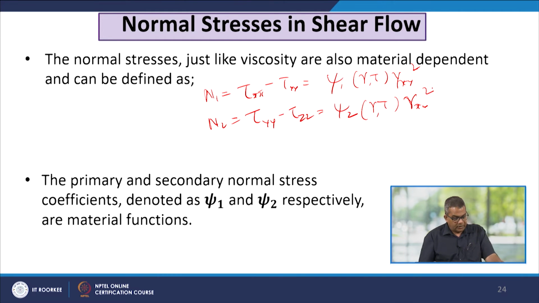The primary and secondary normal stress coefficients, denoted as psi 1 and psi 2 respectively, are material functions.